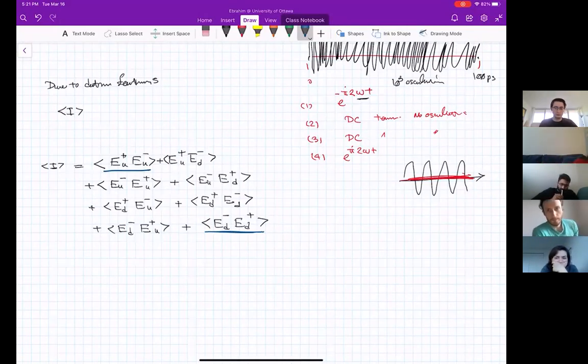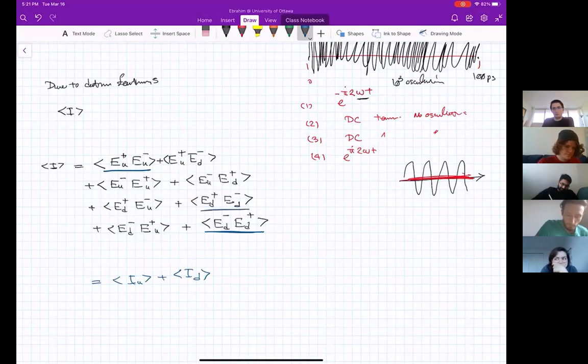So essentially the first and the last term will be the intensity of U and the intensity of D, which we also have here, and here. So it will be 2 of those. So yeah, fine. Good.